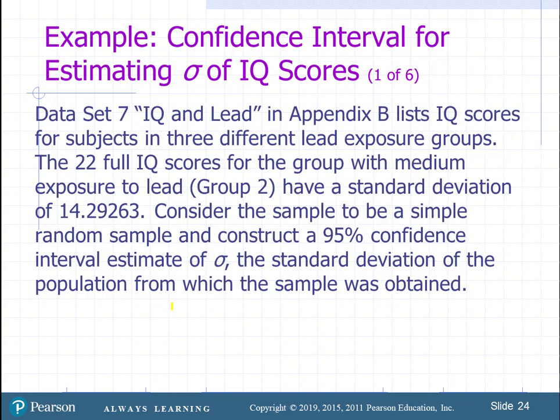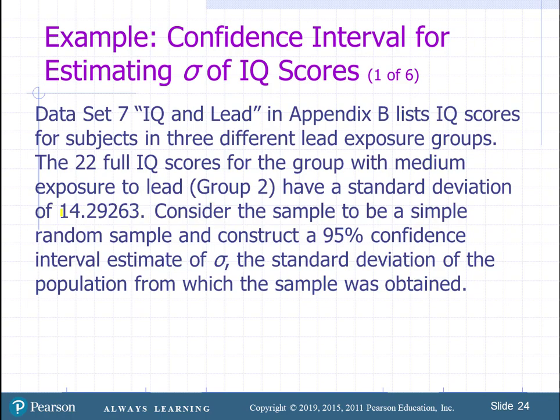So in Appendix B, there's a data set, and if you want to verify this, you can find this data set in StatCrunch under data sets from the book. And we have IQ scores in 3 different lead exposure groups. We're going to look at the 22 full IQ scores with the medium exposure to lead, which is group 2.